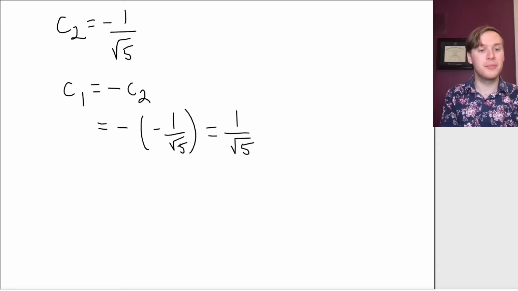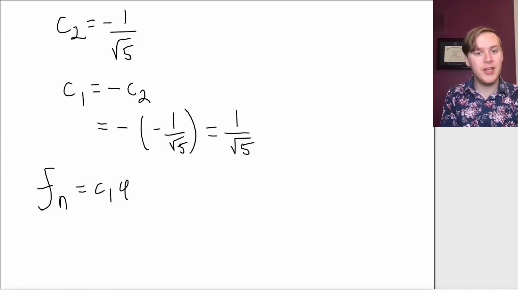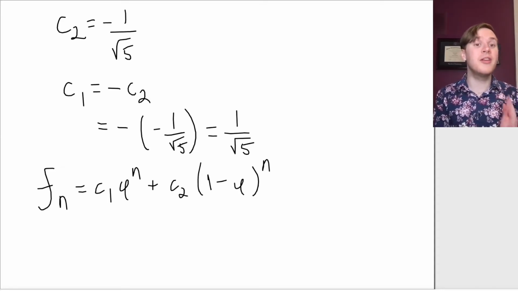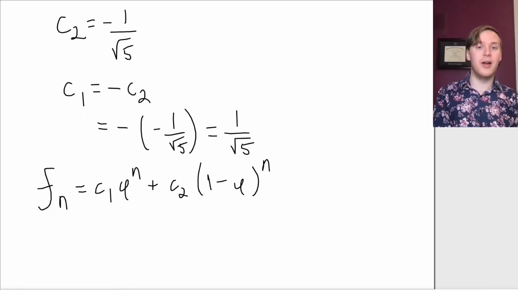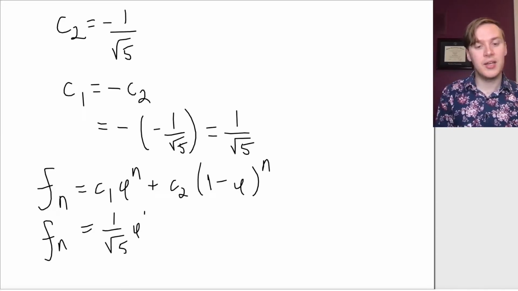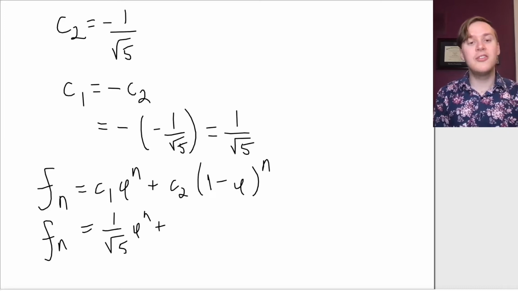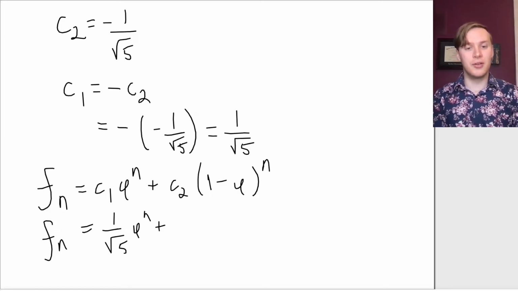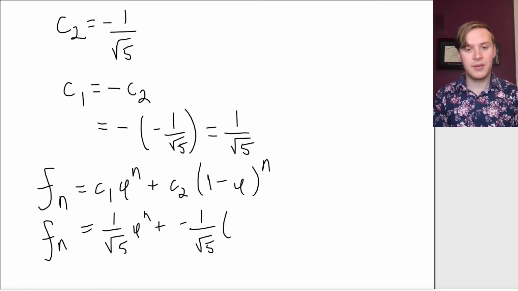So remember, our explicit formula was C1 times phi to the n plus C2 times quantity 1 minus phi to the nth power. But we figured out what C1 and C2 are. We got that C1 was actually positive 1 over square root of 5 times phi to the n plus, and then we got C2 was actually negative 1 over square root of 5 times 1 minus phi to the n.